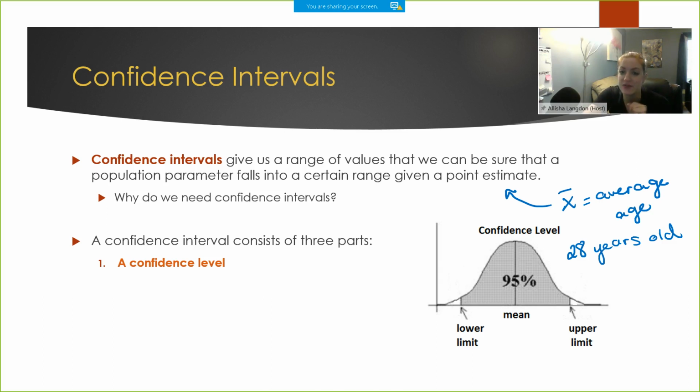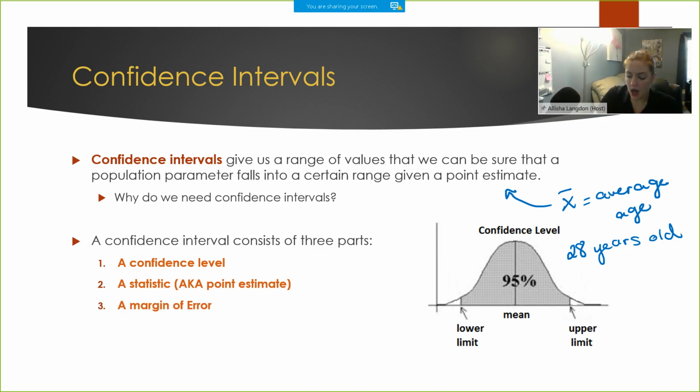You also need to come up with your statistic, or what we call our point estimate. That was what I got from my imaginary survey of you guys, the average age statistic. That would be my point estimate because that's what I got from my sample, and then I need to apply it to the entire population.